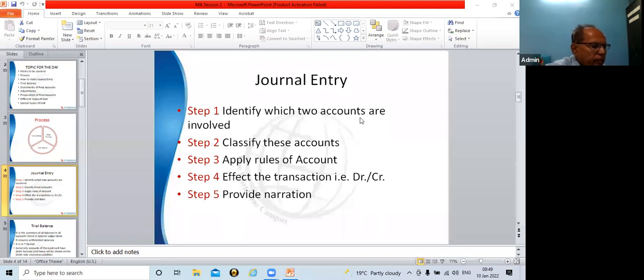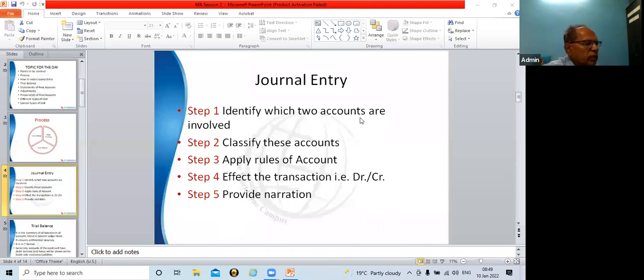Now, next transaction. Company purchased goods for rupees 7,000.